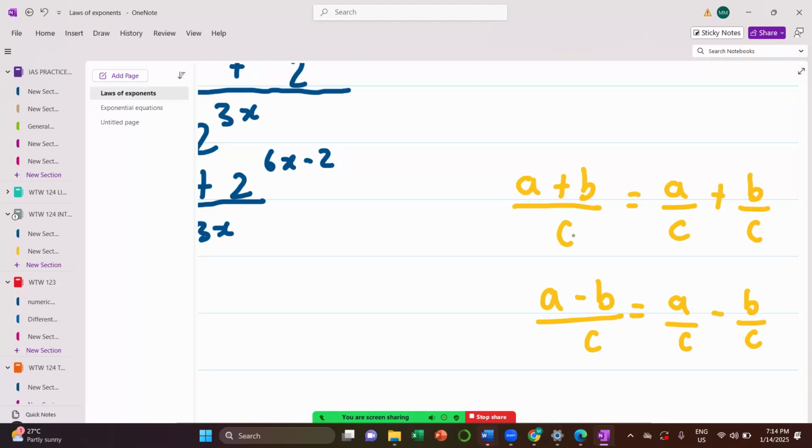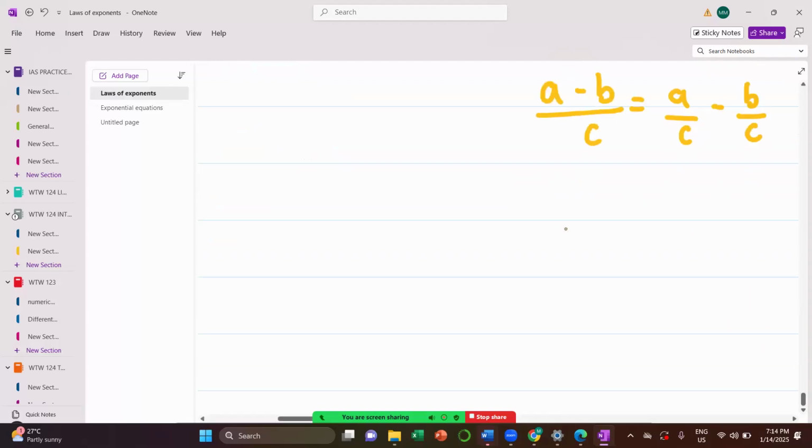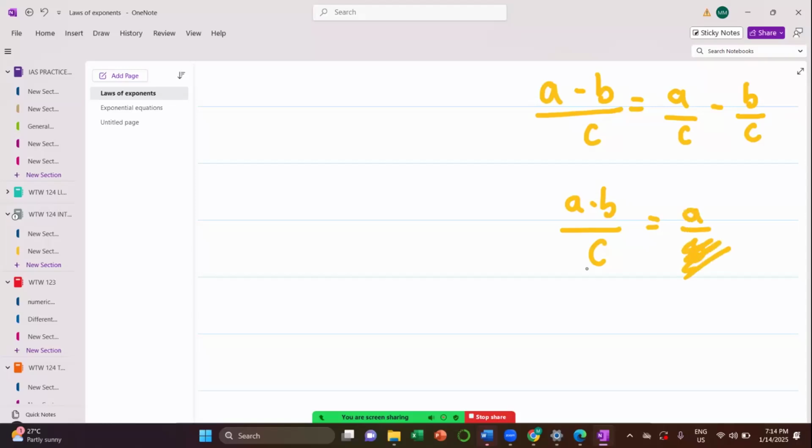Whenever I have a plus or a minus sign, I can separate all over the common denominator. But whenever I have A times B over C, this one I can just break it down as what?